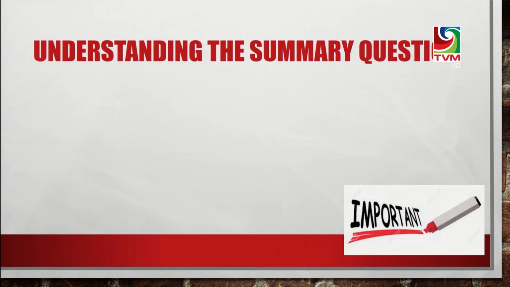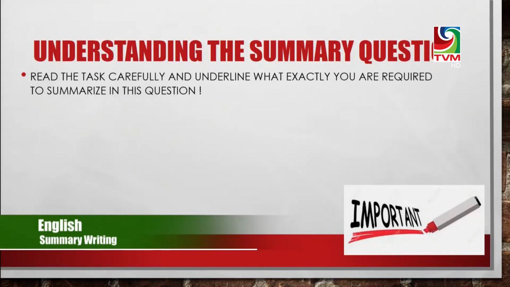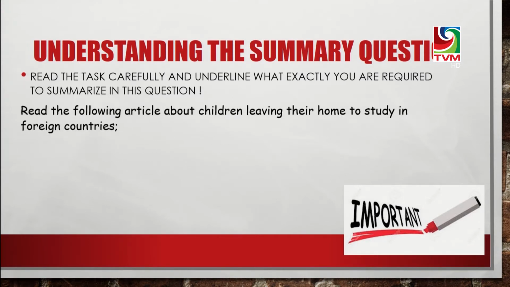Understanding the summary question. As I have said before, you really need to focus on the key components of the question. Read the task carefully and underline what exactly you are required to summarize in this question. Read the following article about children leaving their home to study in foreign countries.